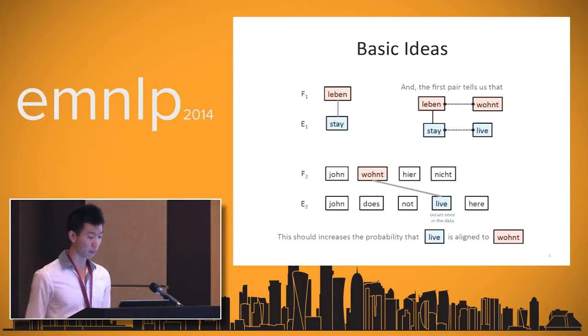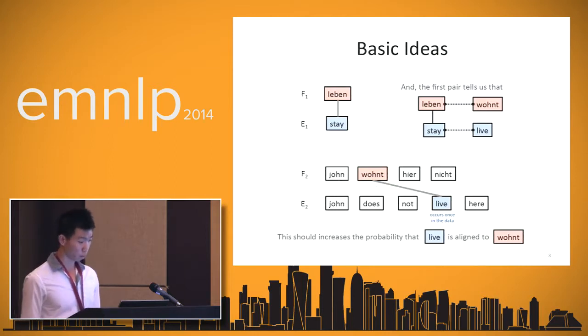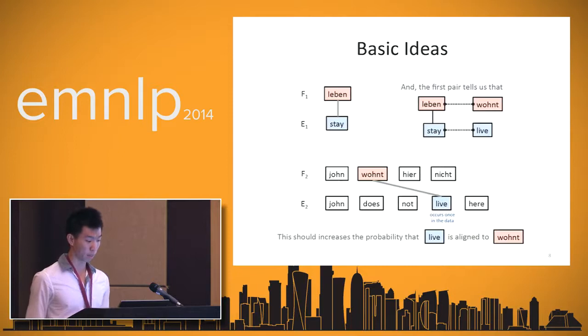The answer should be yes. As we see in the first pair, the sentence pair tells us that the word Leben should be aligned to stay. Intuitively, we should increase the probability that the word leave is aligned to the word wohnt in the sentence, which is shown at the bottom of the screen here.